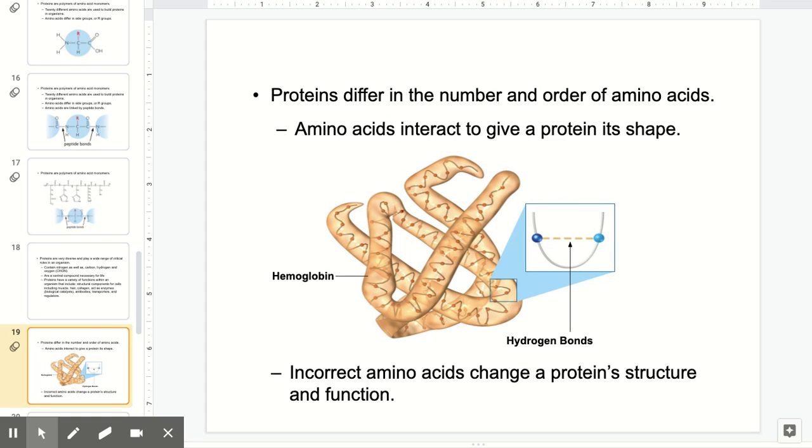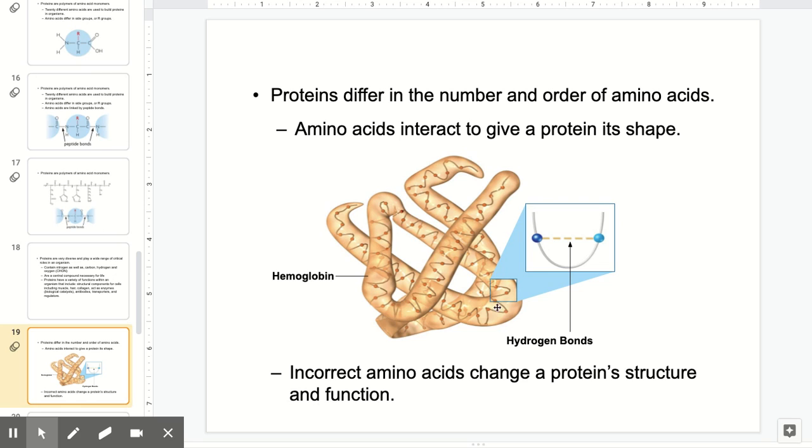Last little bit here about proteins. Proteins have a really unique three-dimensional shape. This protein here is hemoglobin, and it's a little bit complicated, but in this tubing here, there are the individual amino acids.